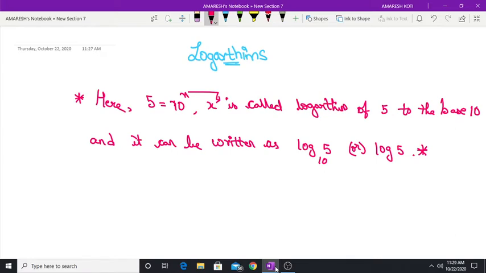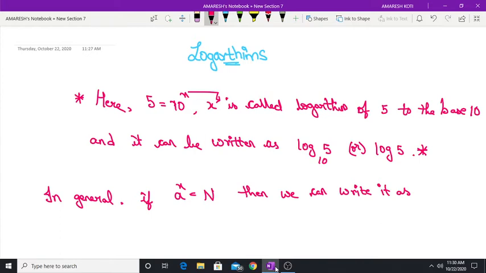So in general, suppose a power x equals capital N, then we can write it as x equals log N to the base a.